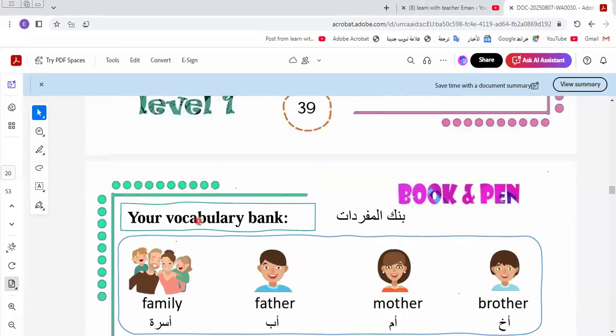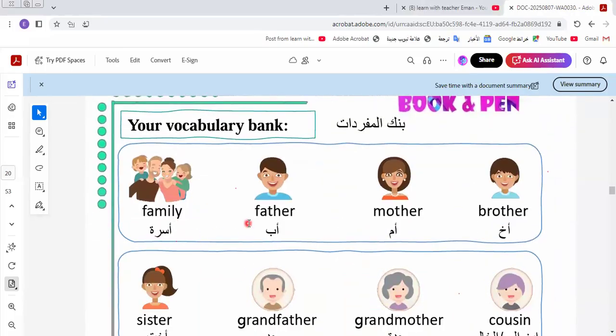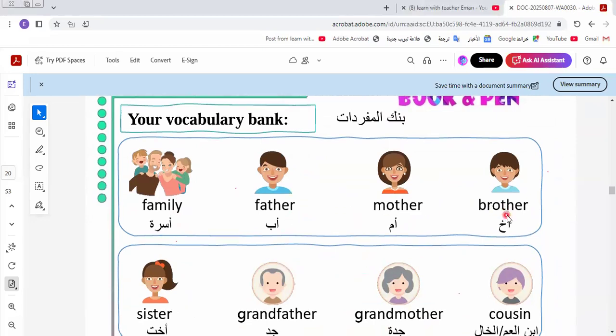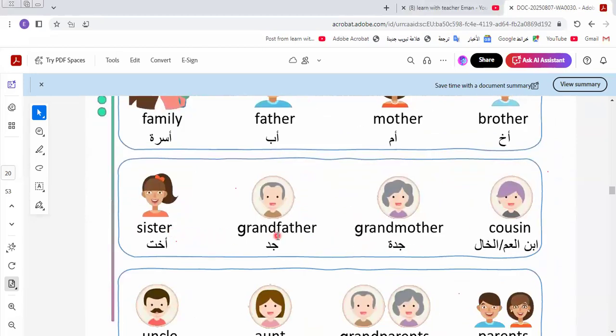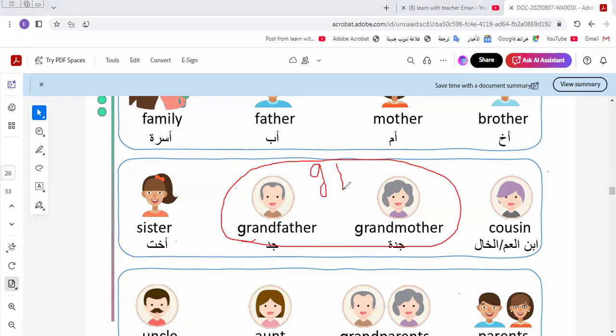Here we say family: father, mother, brother, sister, grandfather, and grandmother. We can gather grandfather and grandmother by saying grandparents.